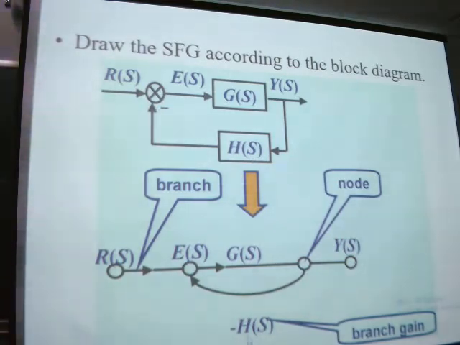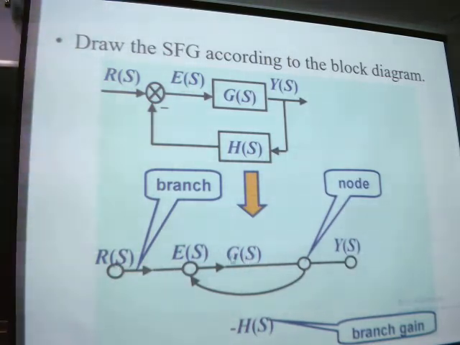Here, because of the negative feedback, it is minus H. It is the branch gain. The arrow is also the branch. This block is the branch gain.